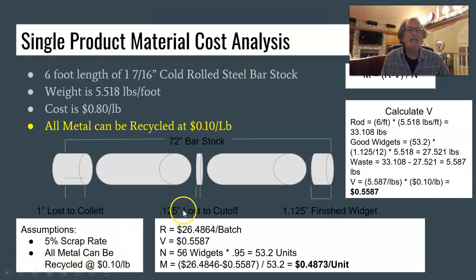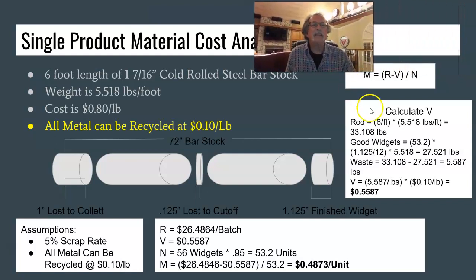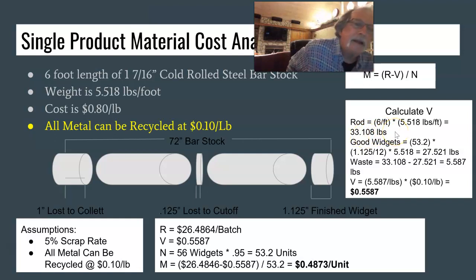So now what we need to do is we need to calculate V. So a single rod is 6 feet times 5.5 pounds per foot, or 33.1 pounds. Now, the number of good widgets we're going to get in this 6-foot length of steel is 53.2.